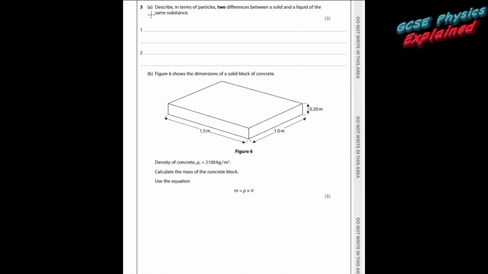Question 3, Part A. Describe in terms of particles 2 differences between a solid and a liquid of the same substance. Right, so basically in a solid compared to the particles in a liquid, the particles in a solid are closer together.